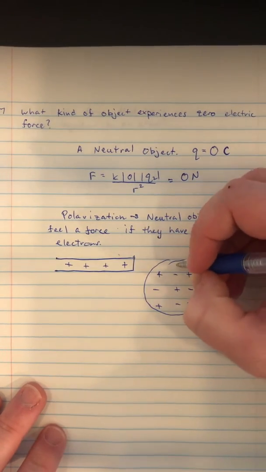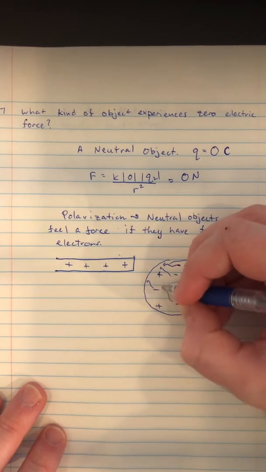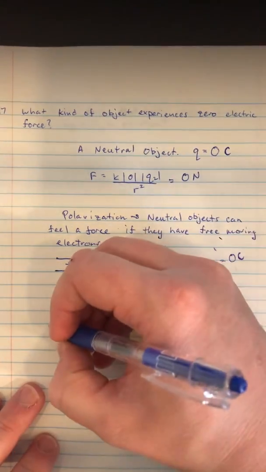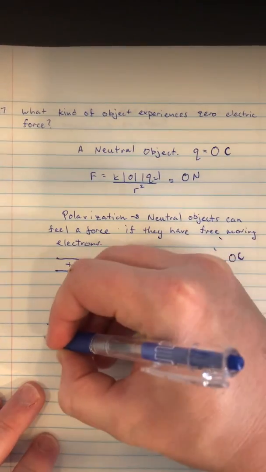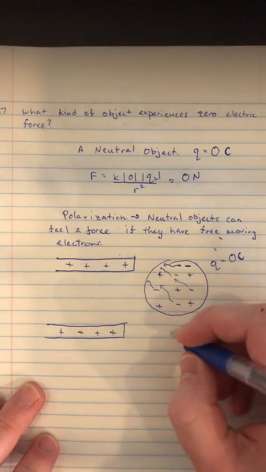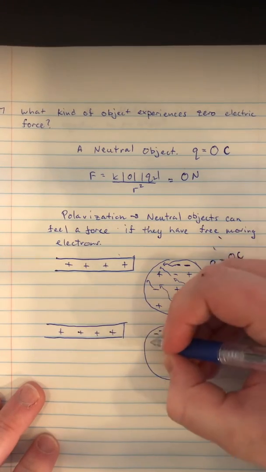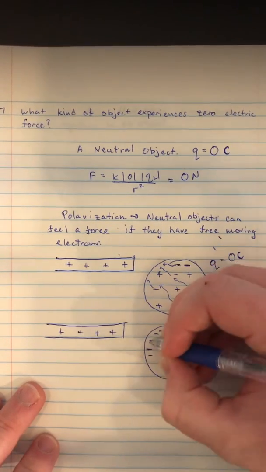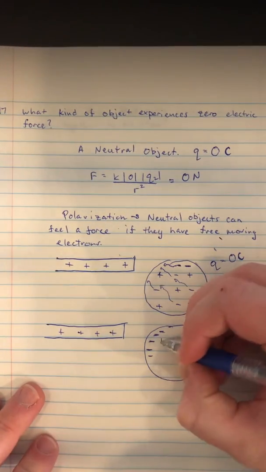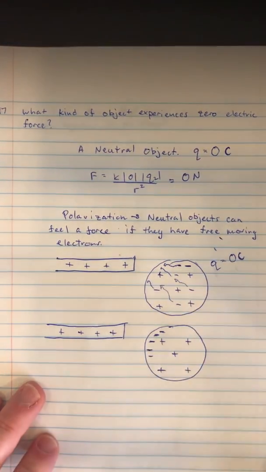Well, they attract. So all these negative charges are going to drift over towards the positive rod, and we'll end up with something where all the negatives end up in this top corner, and the positives just kind of stay where they are.